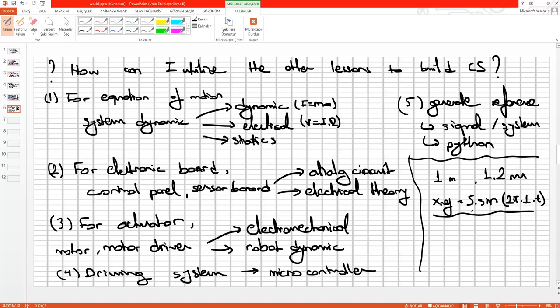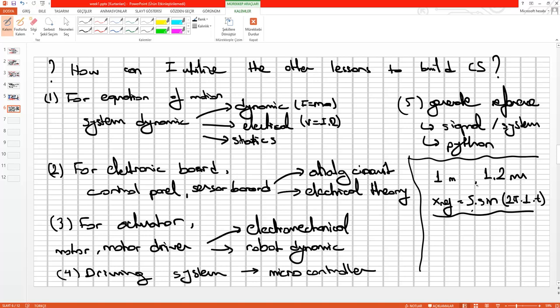Or you may have a neural network structure to build your reference, because in autonomous driving or robot systems we want to use a camera to detect objects, and this reference signal is generated by an artificial neural network detecting the objects, and you get the x and y coordinates and can point your device to it.